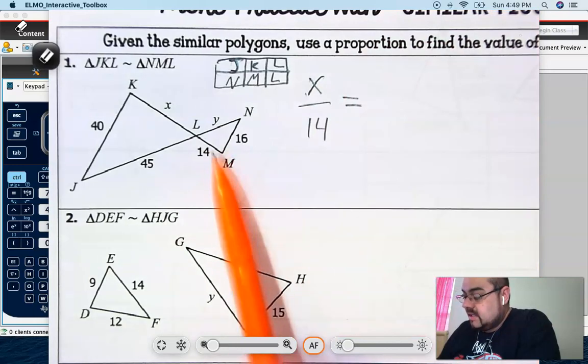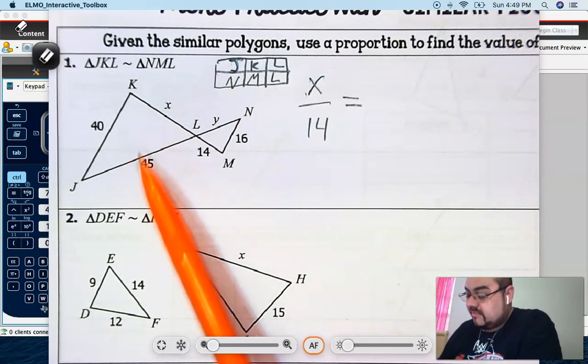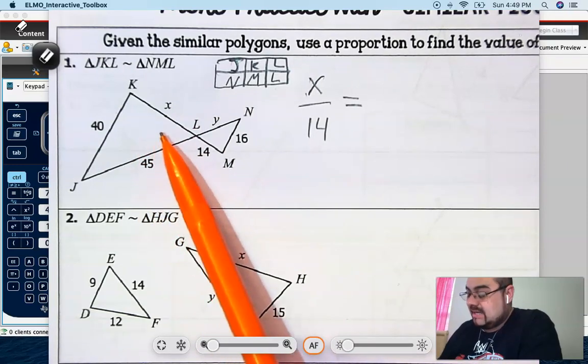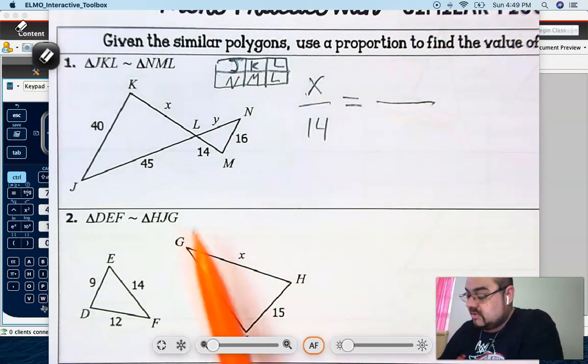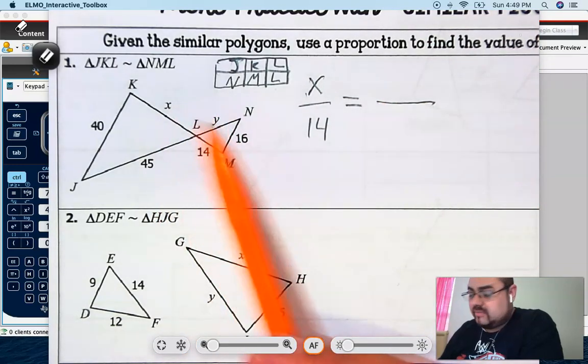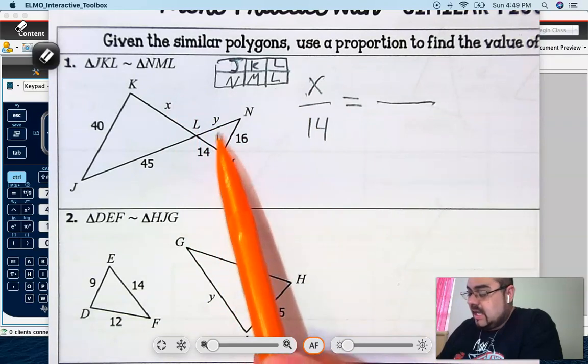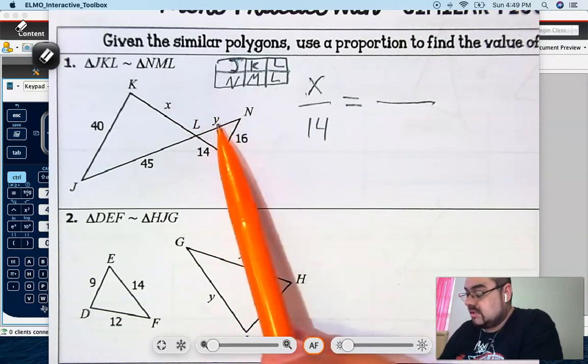Okay. Now I'm going to go back here, and it's going to be a little bit tricky. I have to be careful on what exactly I am looking for, because you can really mess things up, being that there's two variables here, all right? I want to leave y alone, because y I'm going to use in just a bit.